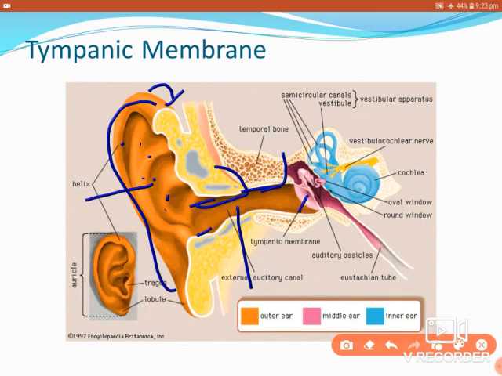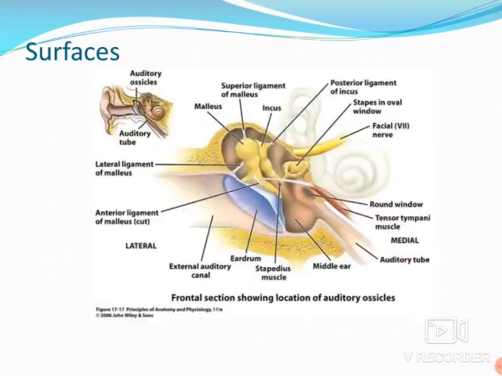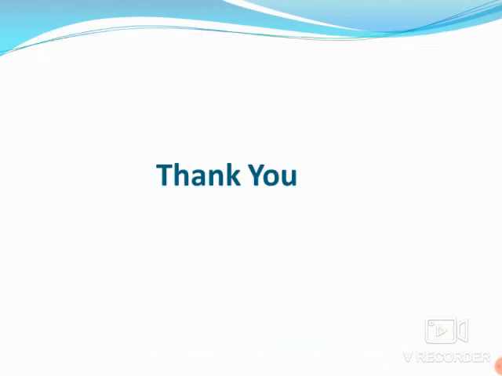Then there is the tympanic membrane, a semi-transparent membrane which separates the external layer from the middle layer, with its features, blood supply, nerve supply, and clinical features. So here it completes the external layer. That's all.